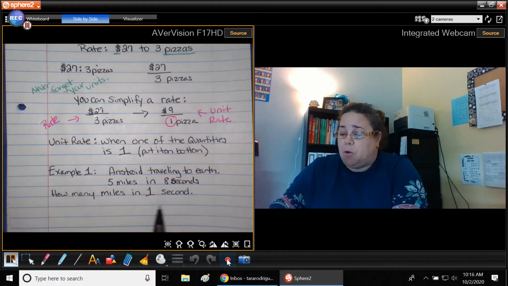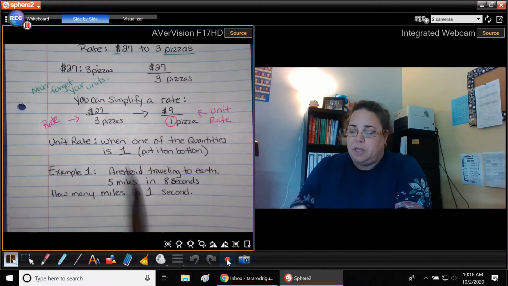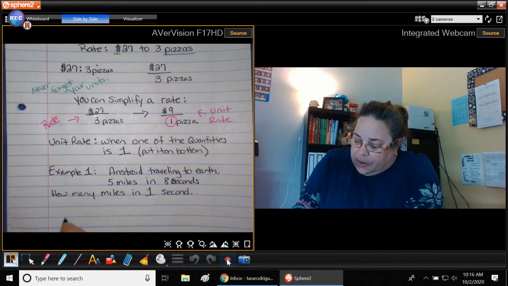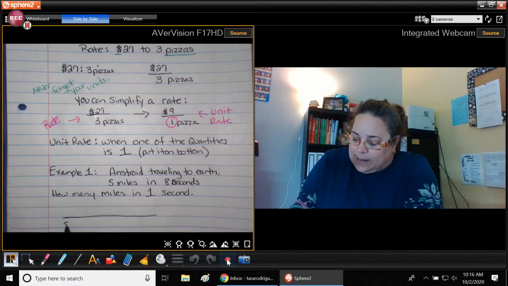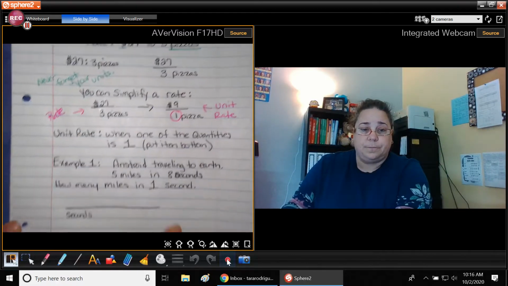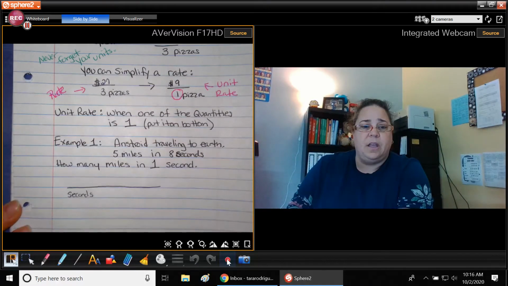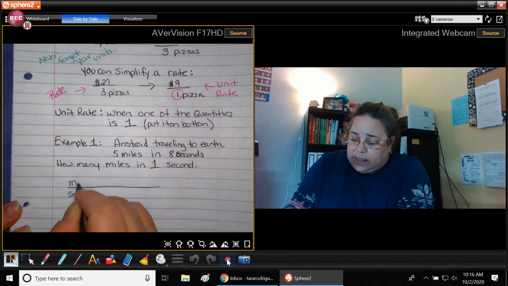And if you remember earlier, I said put the 1 on bottom. So on my ratio table, seconds are on bottom. Okay? So that means miles must be on top.